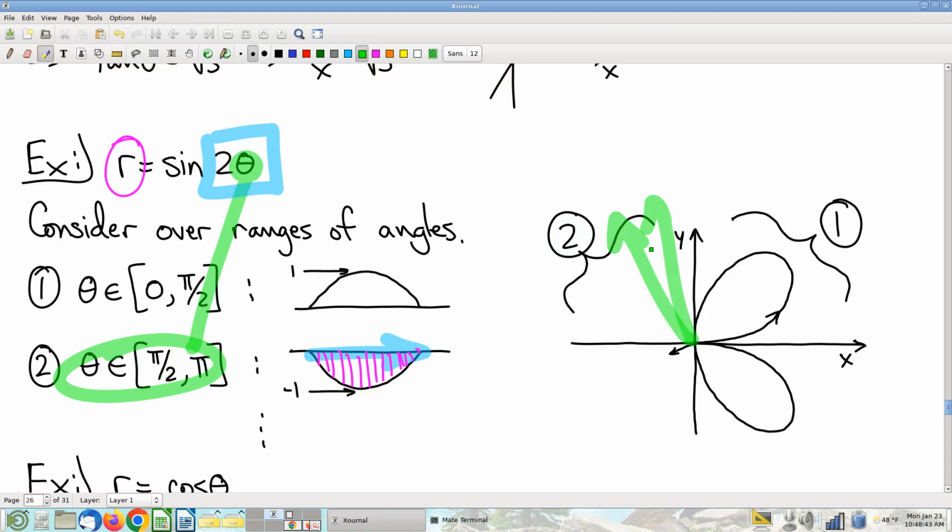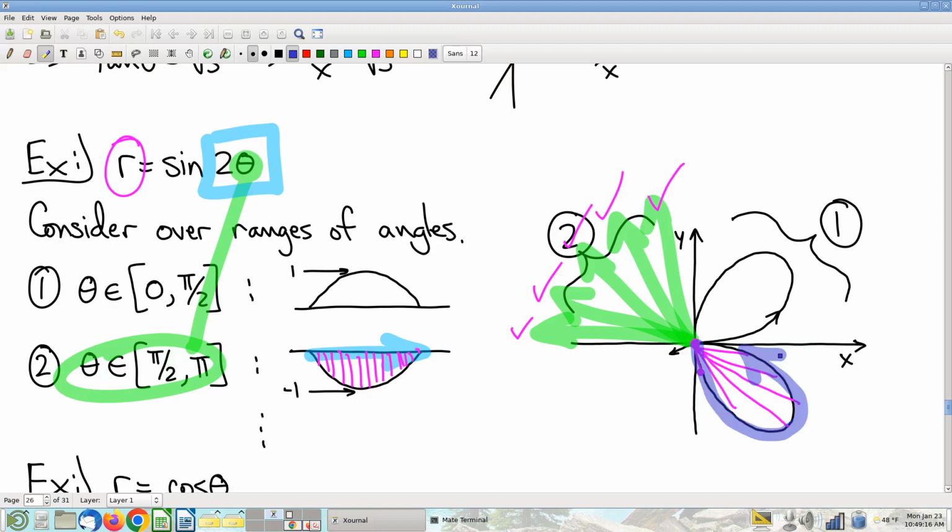For these values of theta, starting off with our first value of theta, r is negative, and then as I go over, r gets more and more negative, right? And then as I continue over, r becomes less negative until it comes back to 0. And so the curve for this portion looks something kind of like that.